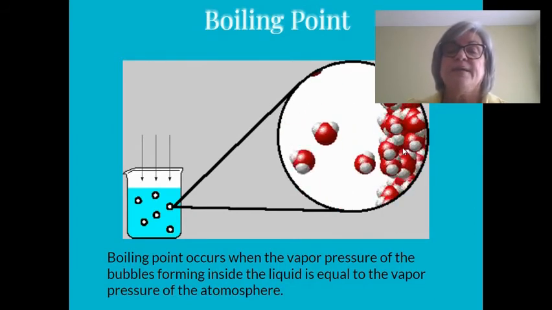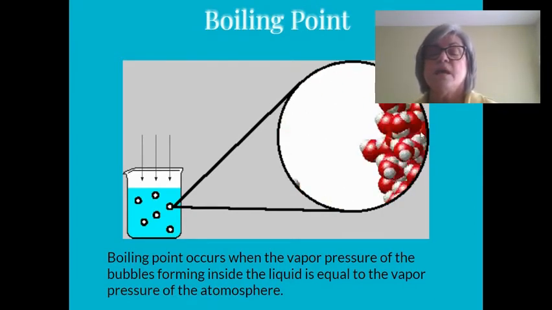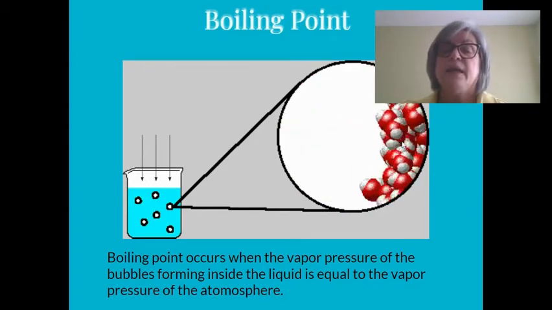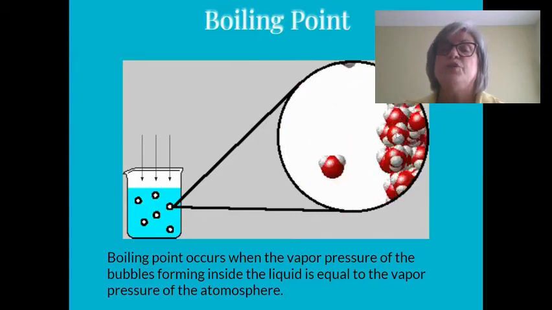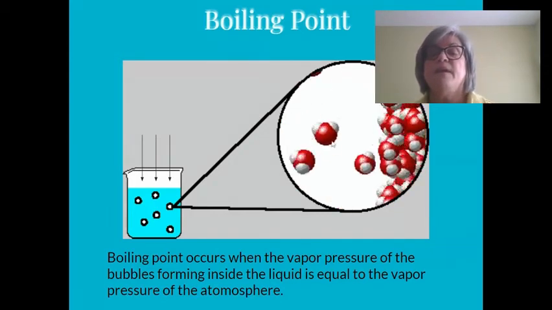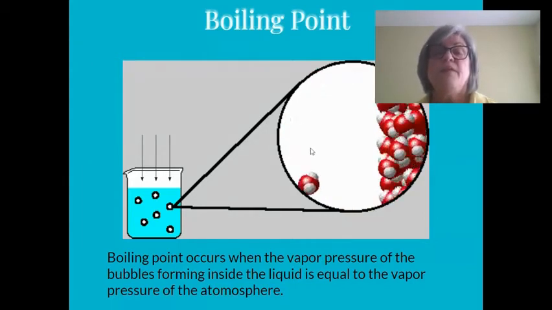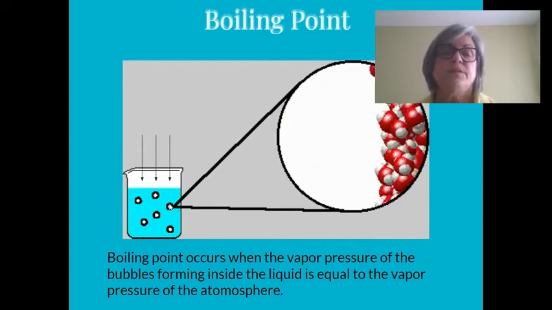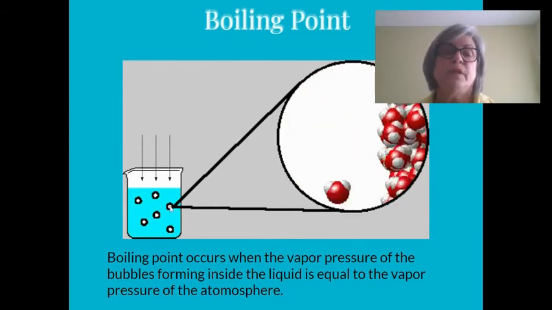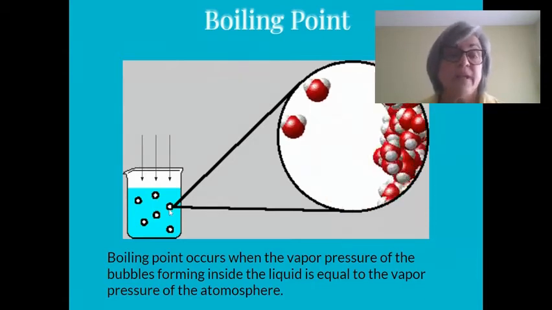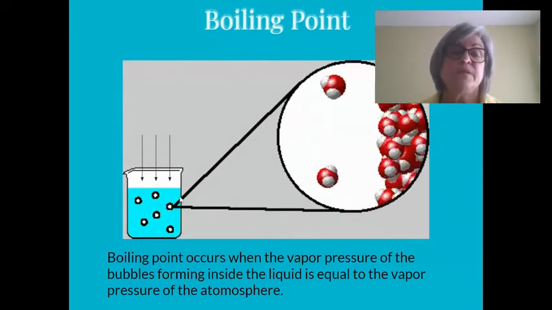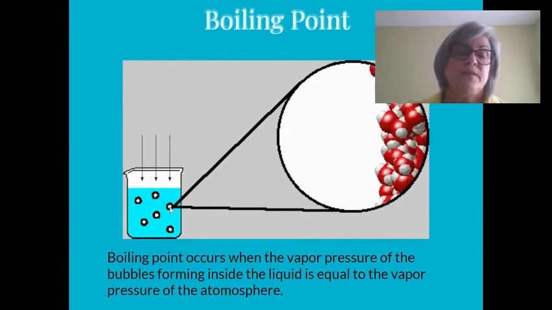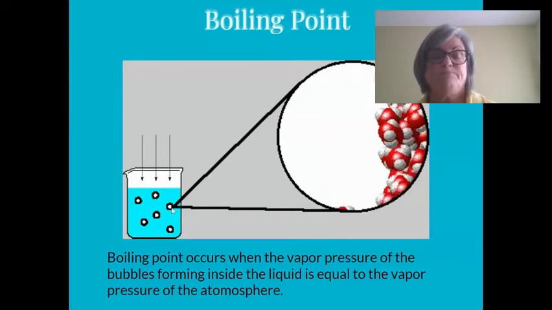As soon as the particles in the solvent get enough kinetic energy to break away from the liquid, they form gas particles within the solution. So there are some particles inside the solution that are getting enough kinetic energy to break away from the solvent and form this little bubble within the solvent to make a gas bubble.